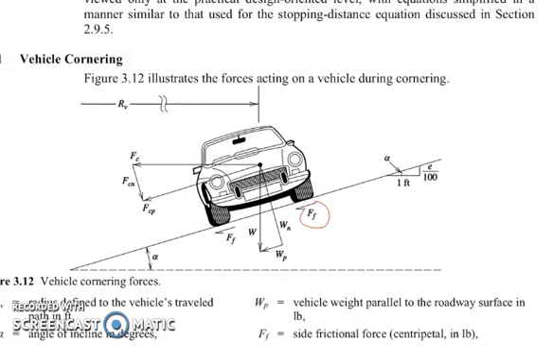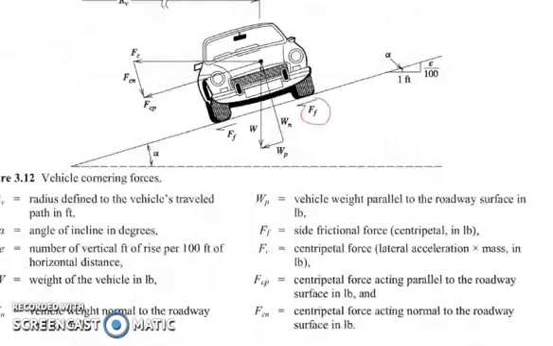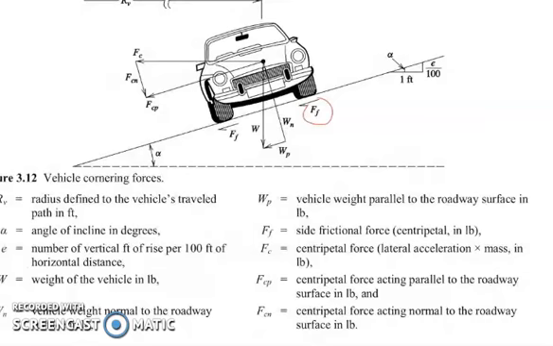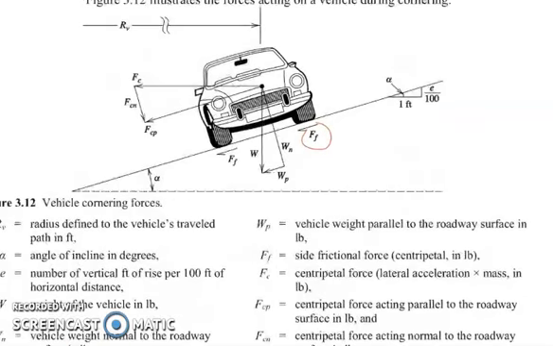Then of course we have alpha, the angle that the roadway makes with the horizontal, which is actually the angle of incline. Those are the forces acting on a vehicle during cornering.